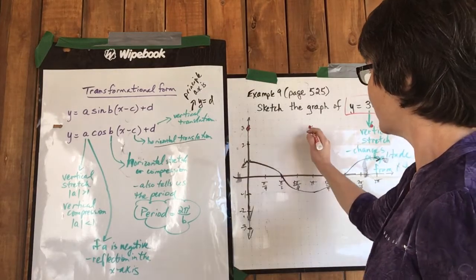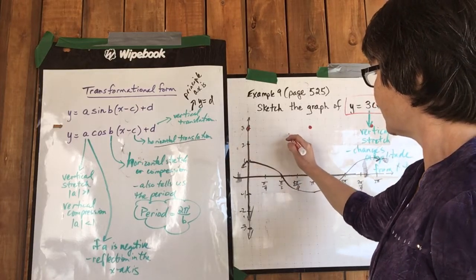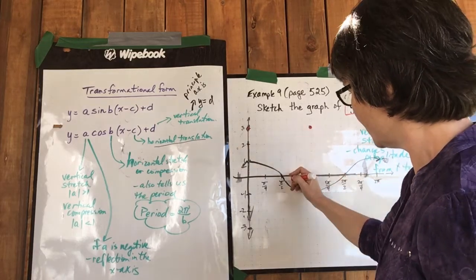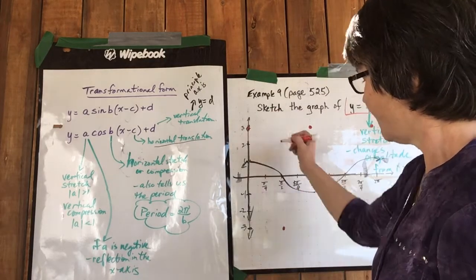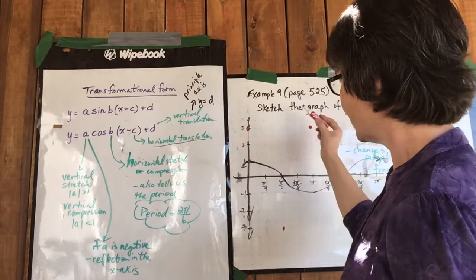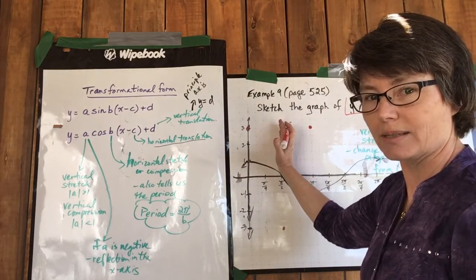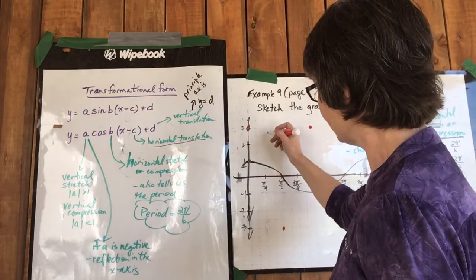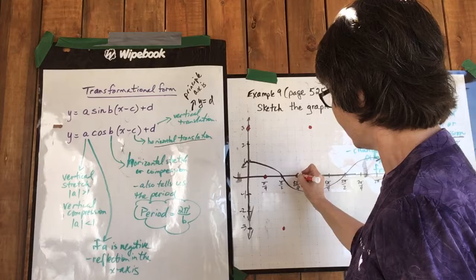So the minimum will occur halfway between the two maximums, at pi over 2. Halfway between the maximum and the minimum is where it will cross the principal axis. So it will cross the principal axis here and again here.